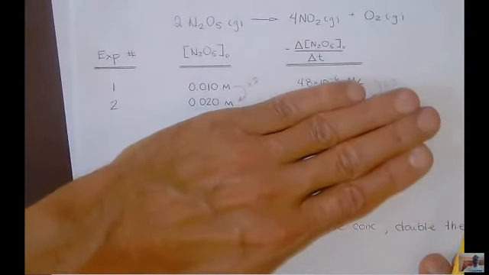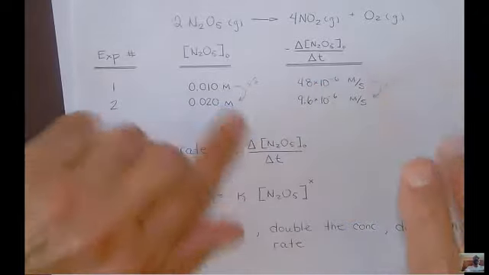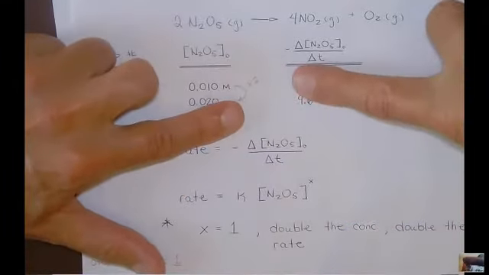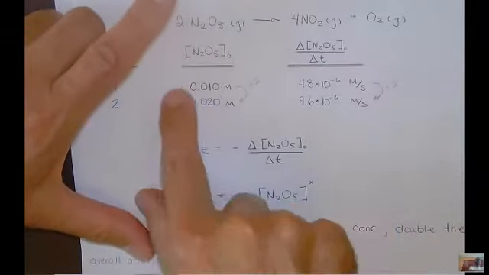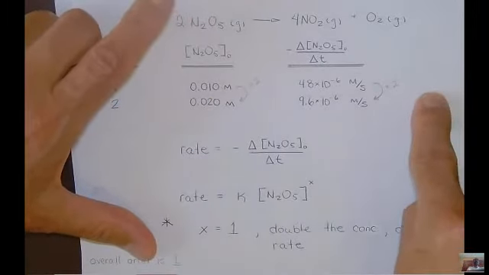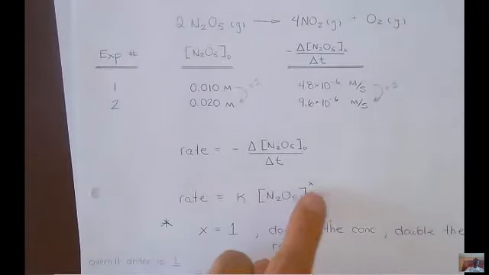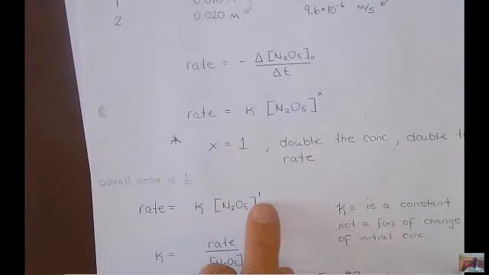Either one. Just don't do this. Don't do halfway, right? Don't do this guy and this guy or this guy and this guy. Pick one line. Go straight across. We know X is 1 now, right?